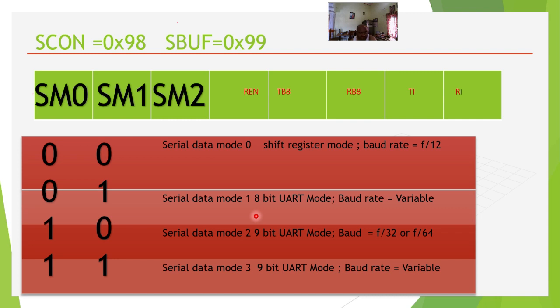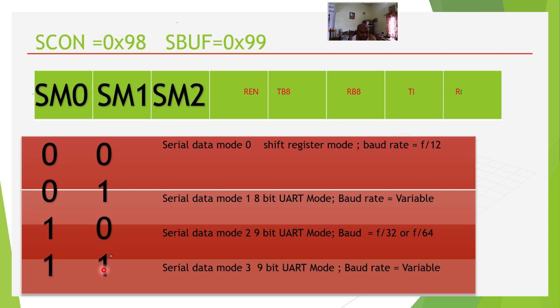Actually the baud rate is variable here. We can choose, to be specific, 11.0592 megahertz as the crystal oscillator. We are connecting it to pins 18 and 19 of the 8051 microcontroller. That I will explain in the pin diagram, don't worry.